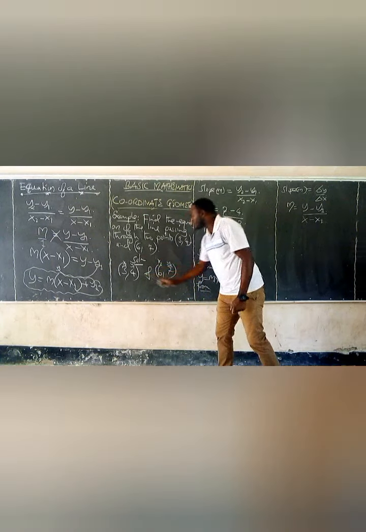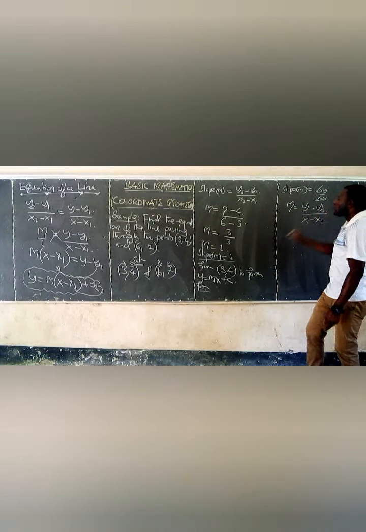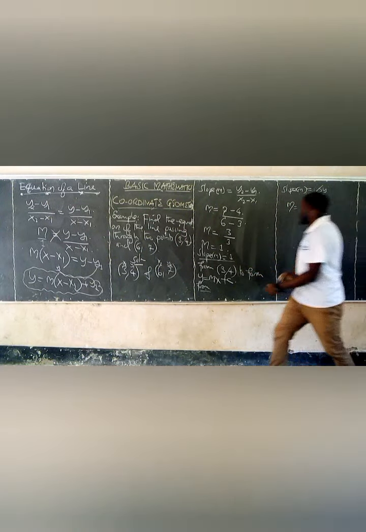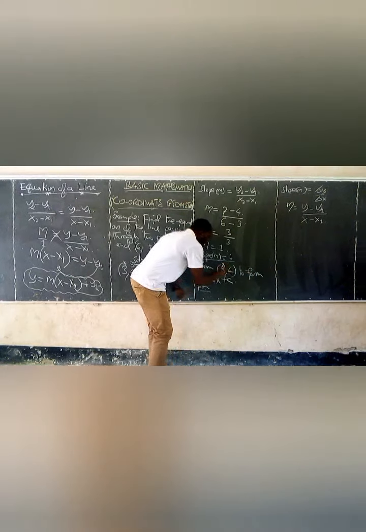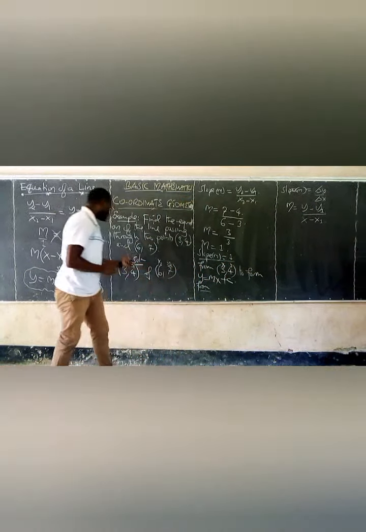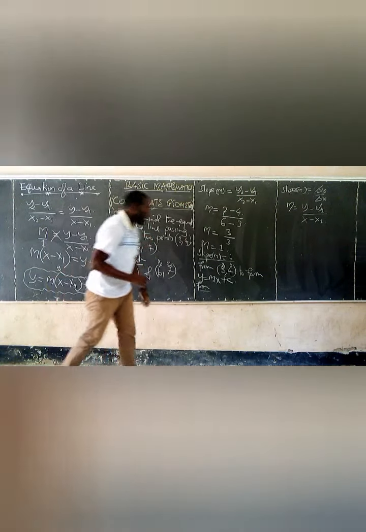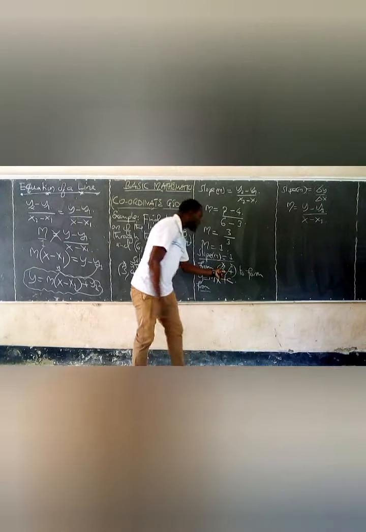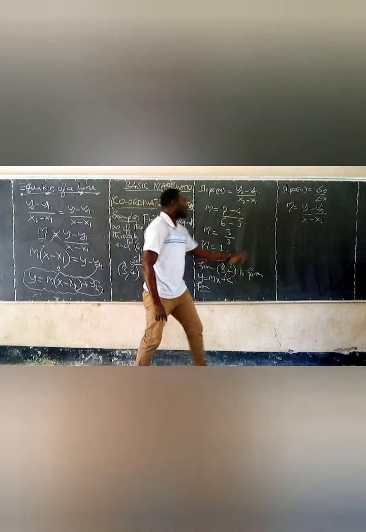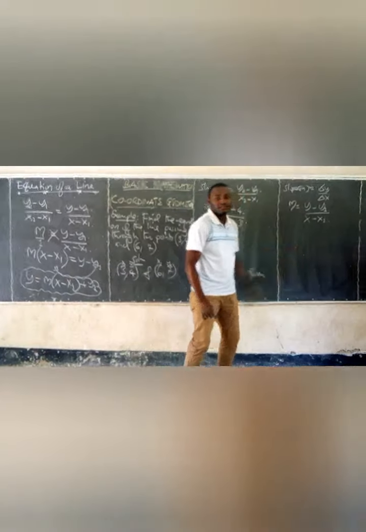But when forming the equation of the line, you use only a single point. That's why we can let this one be x1 and this one be y1. Then we insert this y1 and this x1 into the equation.